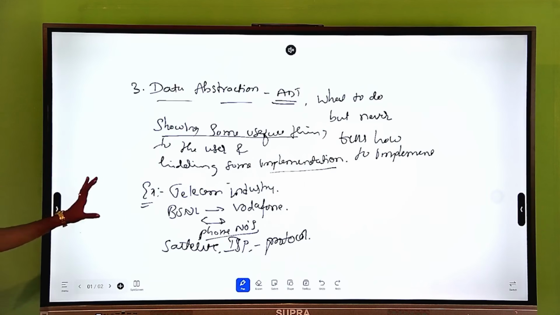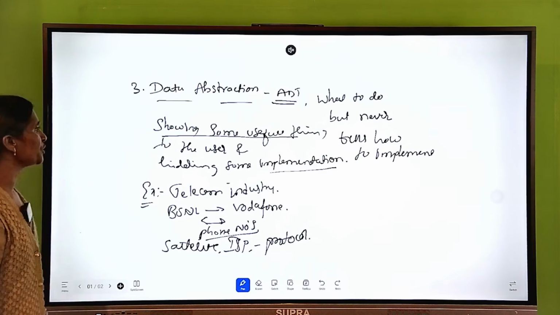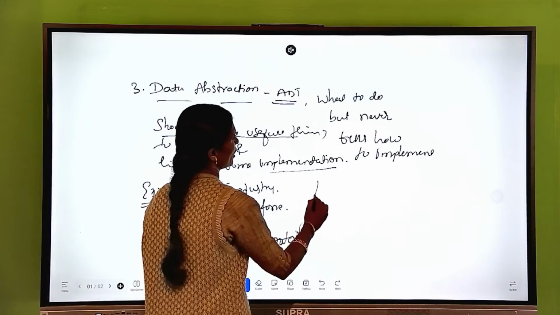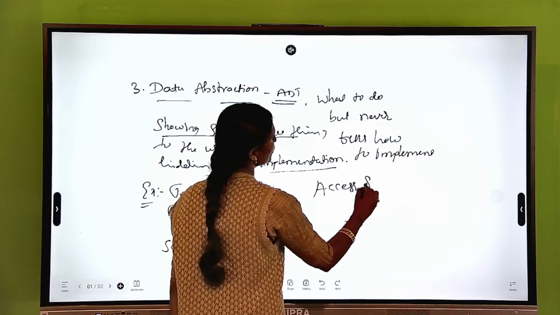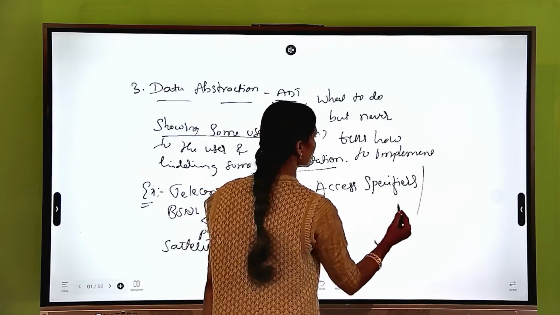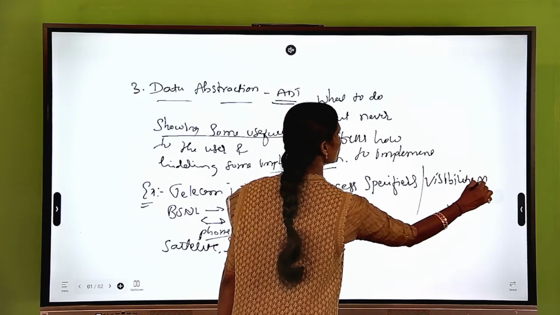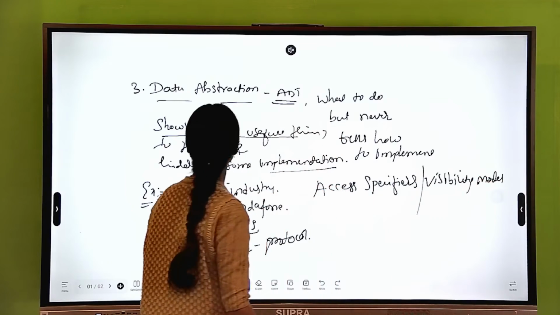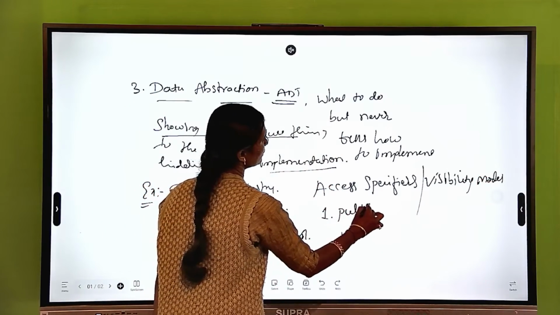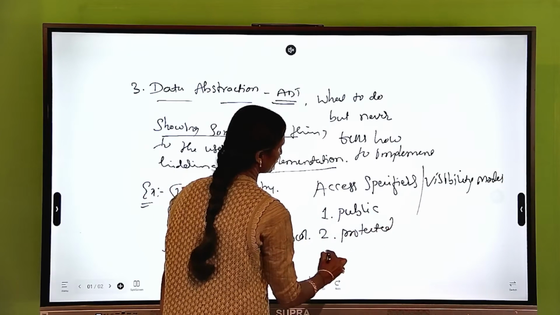It is about showing the user only what is useful, and this is achieved in C++ using access specifiers, also called visibility modes. How many visibility modes are there in C++? There are three: public, protected, and private.